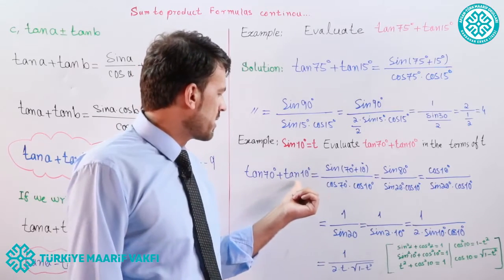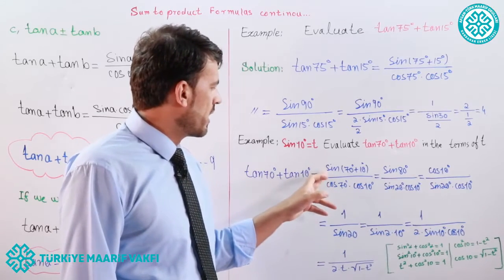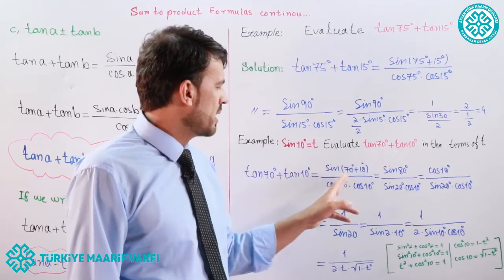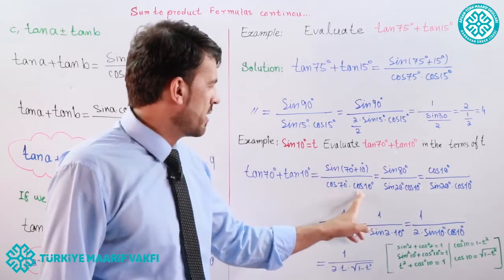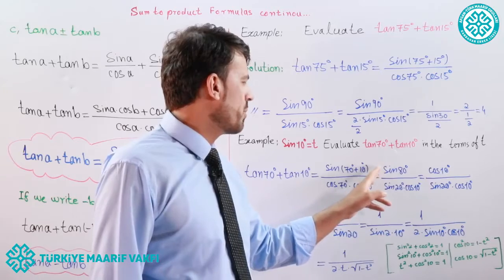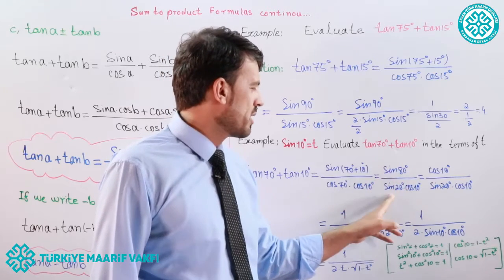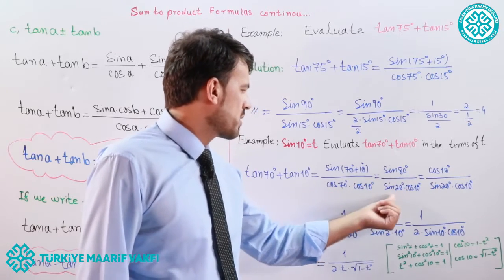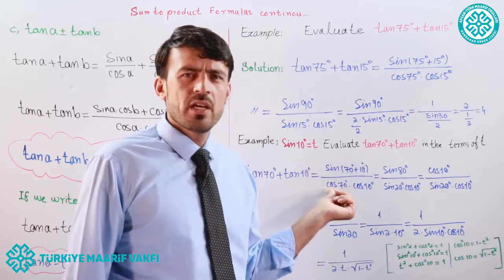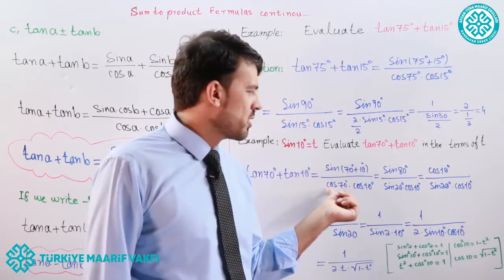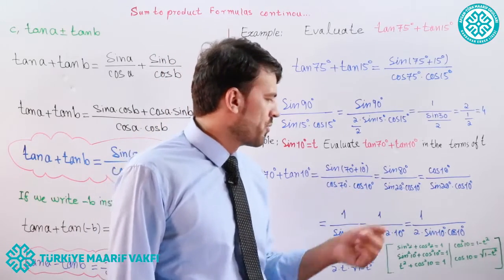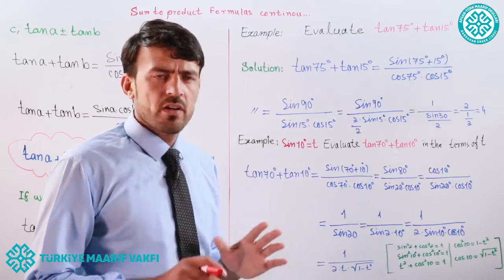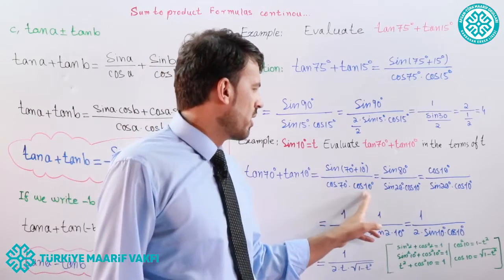Tangent of 70 plus tangent of 10 is equal to sine of 70 plus 10 over cosine of 70 multiplied by cosine 10. If we add this, this will be sine 80 degree over sine 20, we are writing sine 20 instead of cosine 70 degree because these are co-functions of each other, and cosine of 10 degree will be written in its own form.